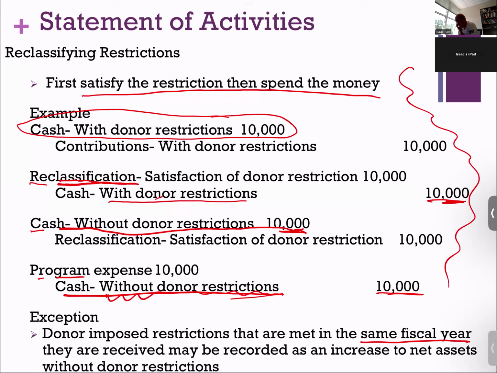Instead, we can just record it as receive the cash without donor restrictions and then spend the money. So you'll see examples of that. I was borderline on whether or not to go through this in the overview, but I just decided to go for it.